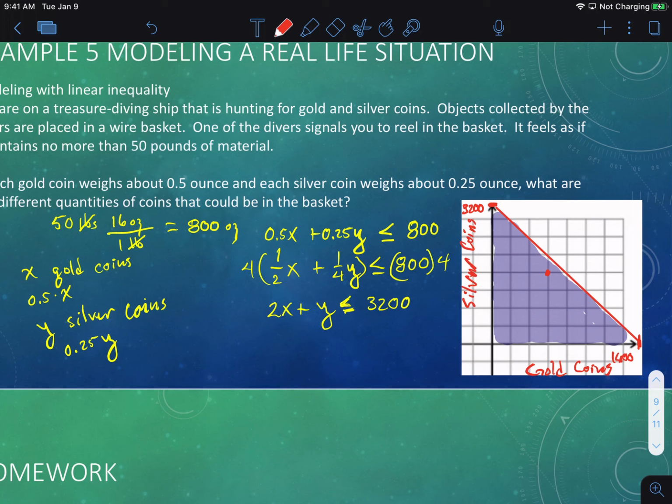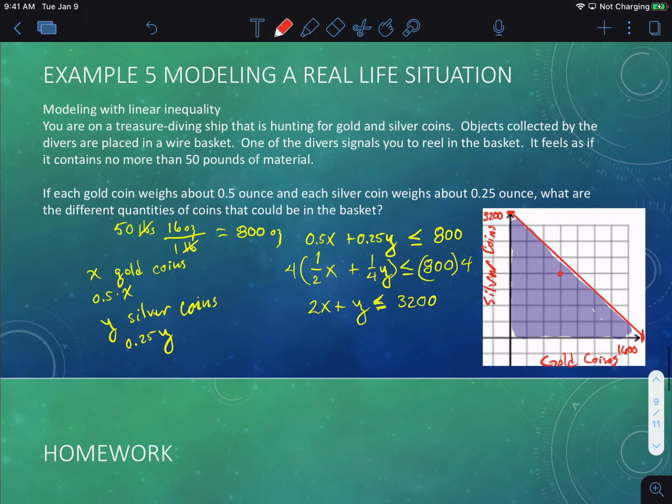Yeah, I could. And if I had that, then that would match up with about 1,600 silver coins. So that's how that works, and that's how modeling works. It gives us information showing all the possibilities for a real-life situation like that.